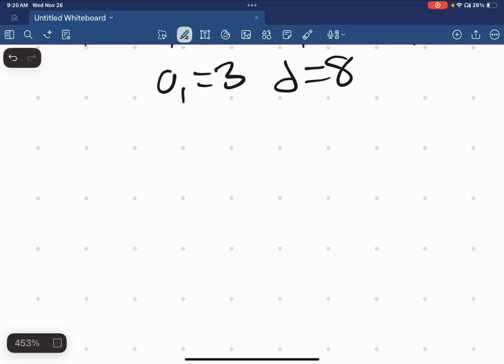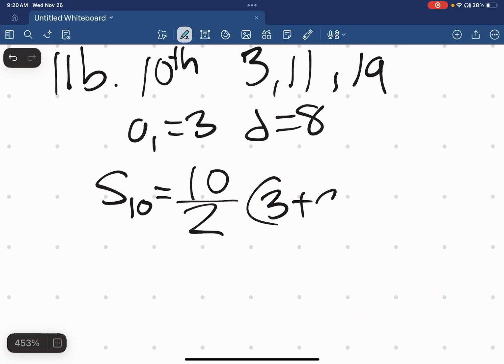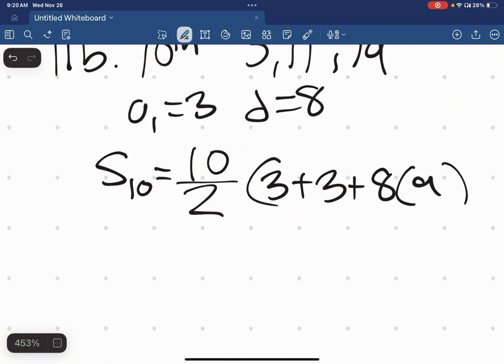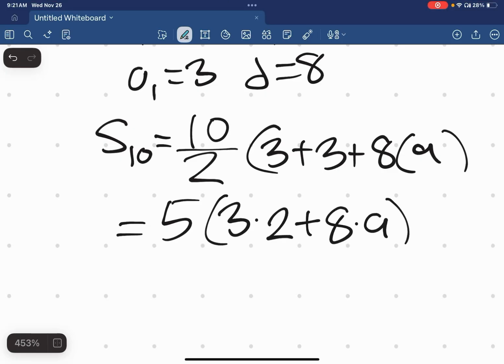Doing what we did last time, the summation of the 10 terms is going to be equal to 10 divided by 2 times (u1, 3, plus 3 plus 8 times 9). Simplifying that, we get 3 times 2 plus 8 times 9, which is equal to 390.